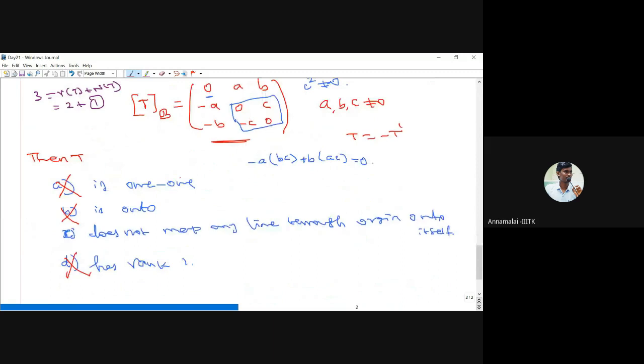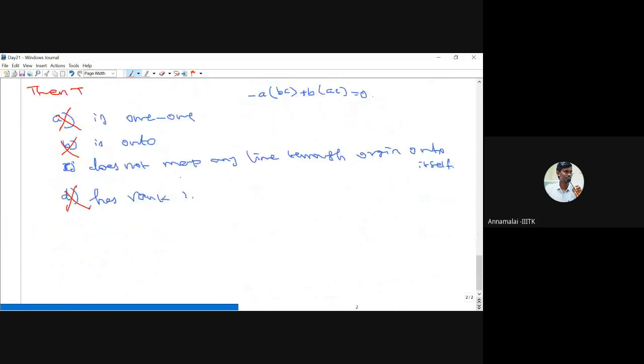Now, look at the third option. What does it mean? If you take any line passing through the origin and apply this map, it is not mapped onto itself.